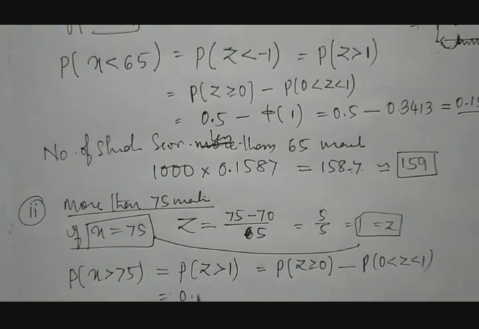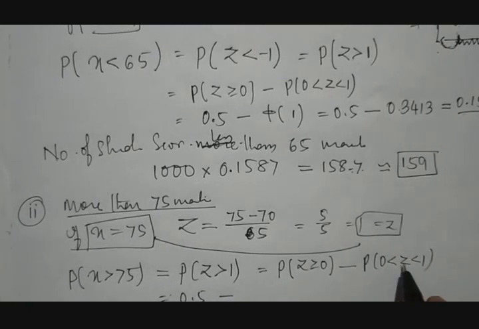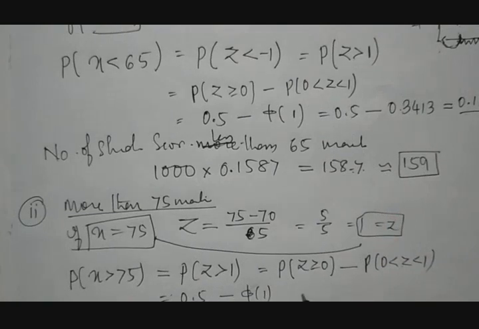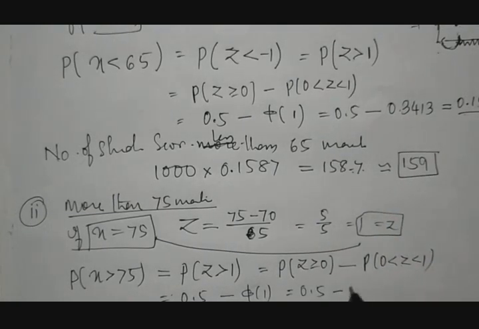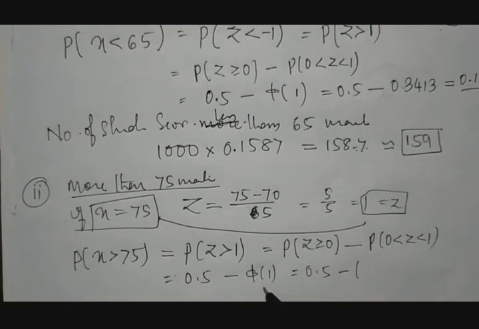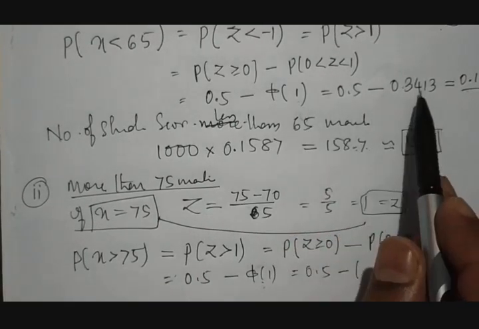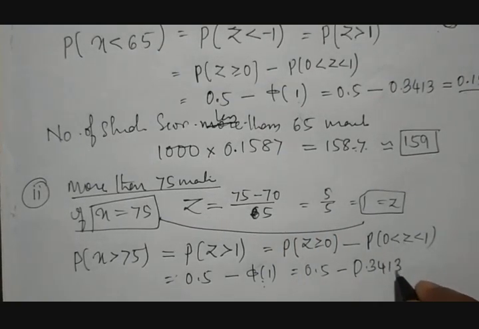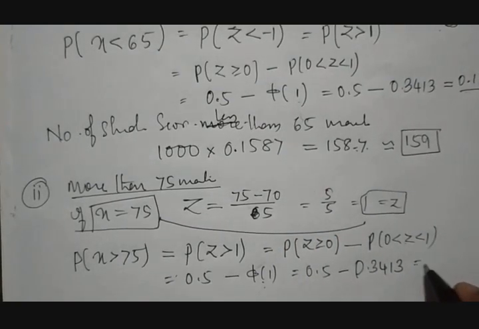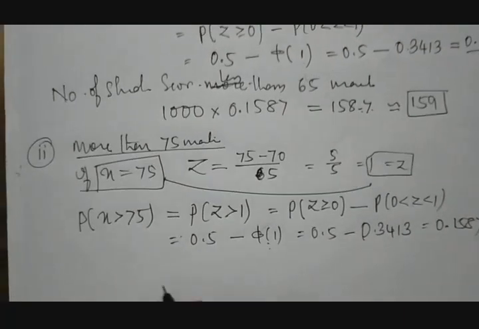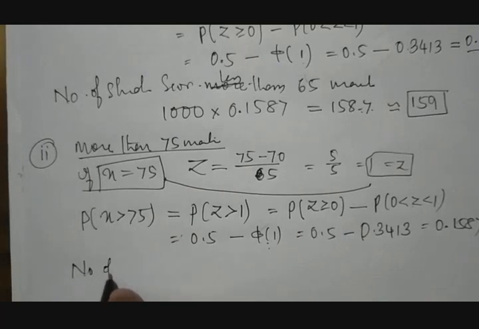Therefore, this is equal to 0.5 minus, what is the calculation for this? Here it is, you can use this, phi of 1. So 0.5 minus the calculation from the table. The value of phi of 1 is 0.3413. Fine. So which is equal to 0.1587. Same number.